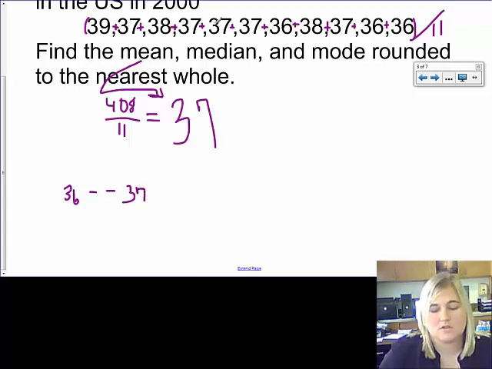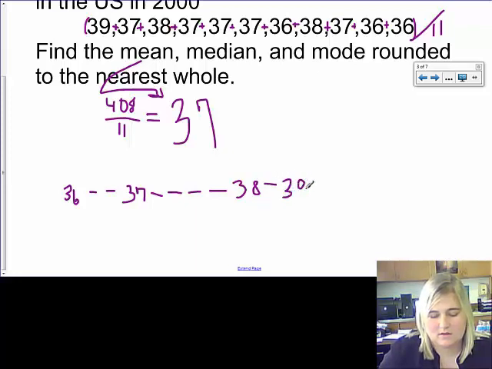So I have 1, 2, 3, 4, 5 times. 38 is my next number, which occurs 2 times. And 39, which occurs 1 time.